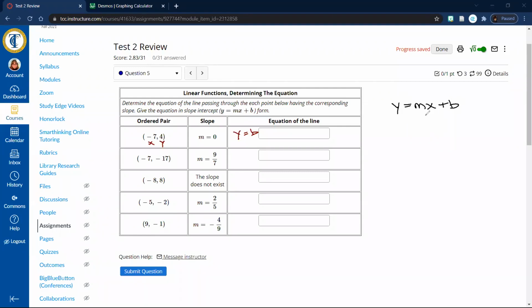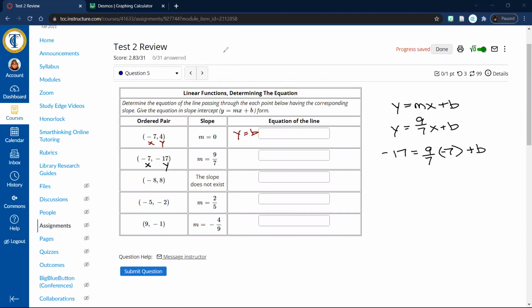So our m is 9/7. Now what can we do with that point that we have? Plug them in. Yeah, absolutely. If this is our x and this is our y, we're just going to plug that in directly. So -17 equals 9/7 times -7 plus b. What happens to those 7s?